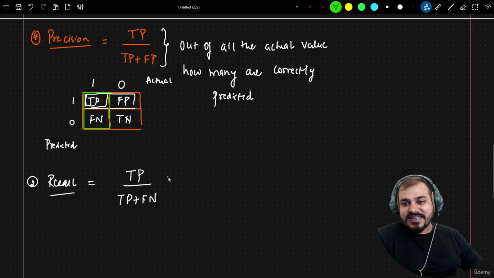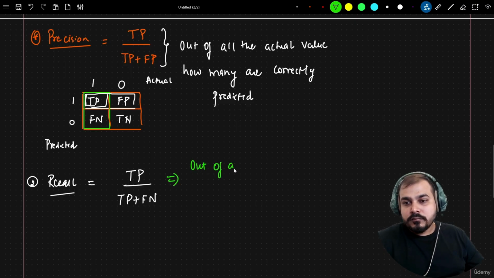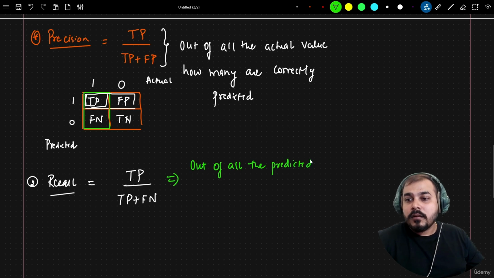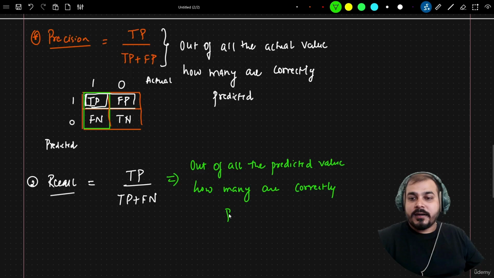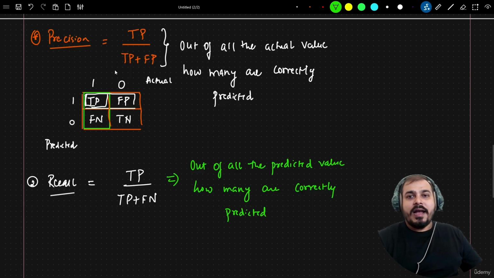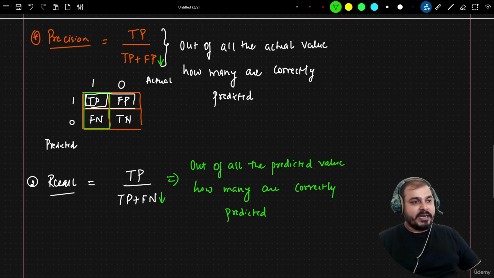Now you can guess, I can write: out of all the predicted values, how many are correctly predicted? This is what we are trying to find out with the help of recall. And always remember, with respect to precision and recall, we should try to reduce the false positive and we should try to reduce the false negative.